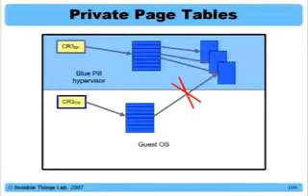It's a good idea for Bluepill to have private page tables to use, because if it shares the same page tables with the guest, then the guest will be able to modify those pages of the Bluepill code and so on.